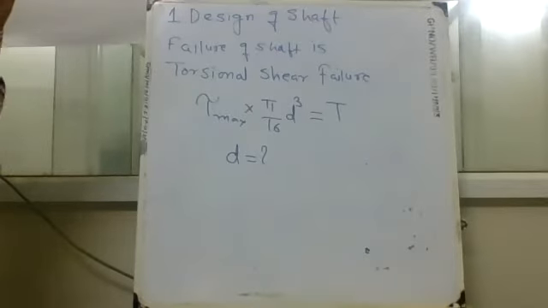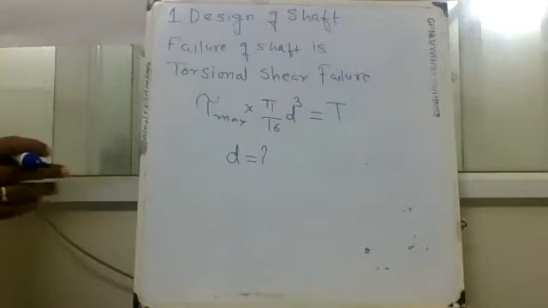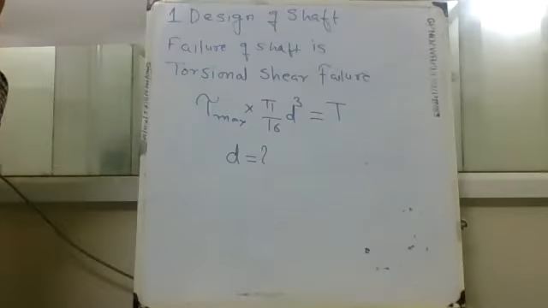We can again check the dimensions of this muff by considering the torsional effect on that muff. Okay, so this design of shaft is over. Now let us go for design of muff.